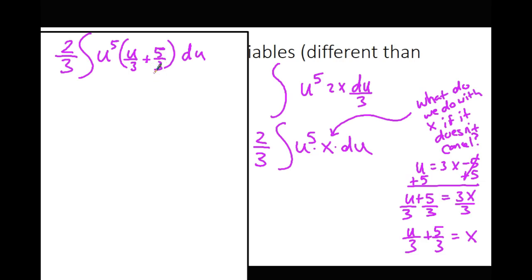Now do I have only u's? Okay, so that's the strategy. That's a long strategy. Yeah, it is. But that's how you handle the extra x's. You go back to that u, solve for x, and then you can replace the x. After that, we just get to do stuff.